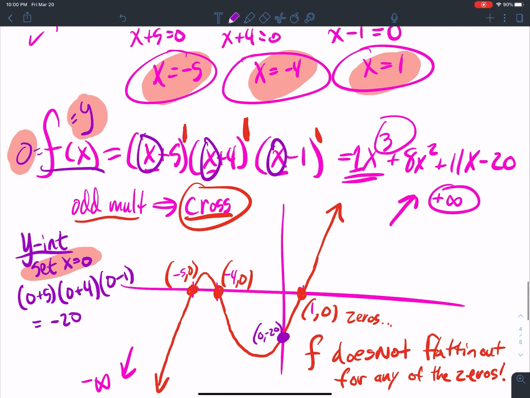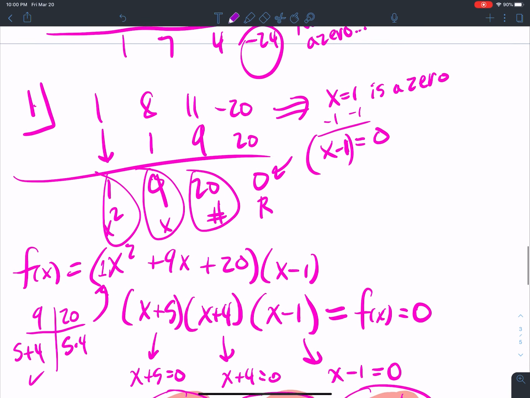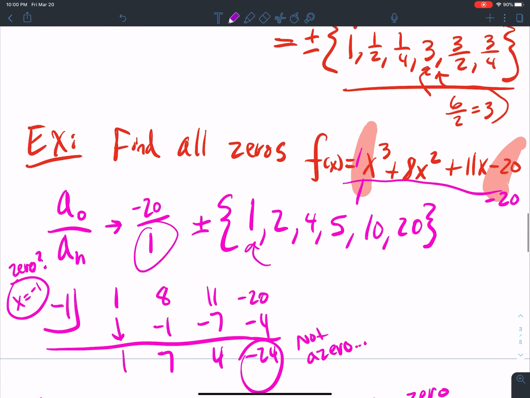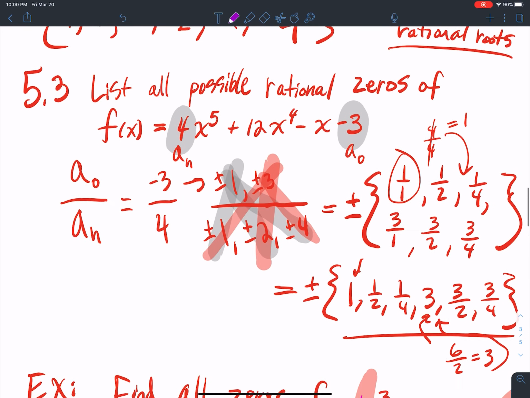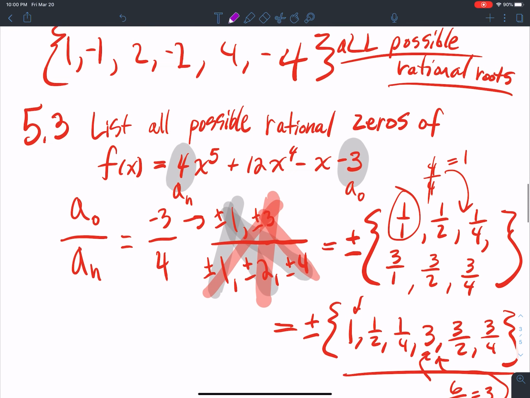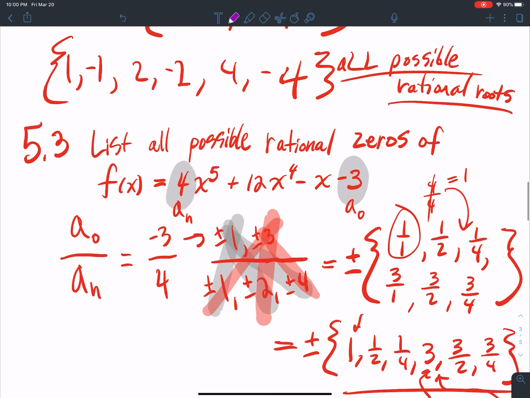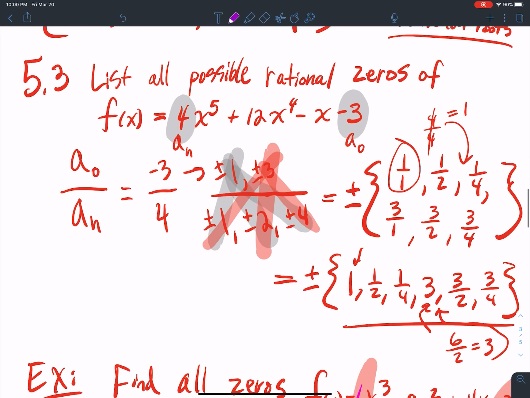Let's see here. What all have we done? We found the zeros. We listed possible zeros here.